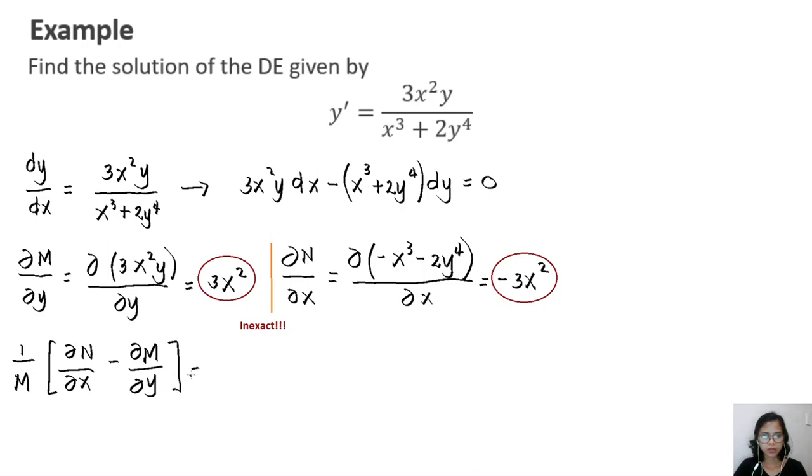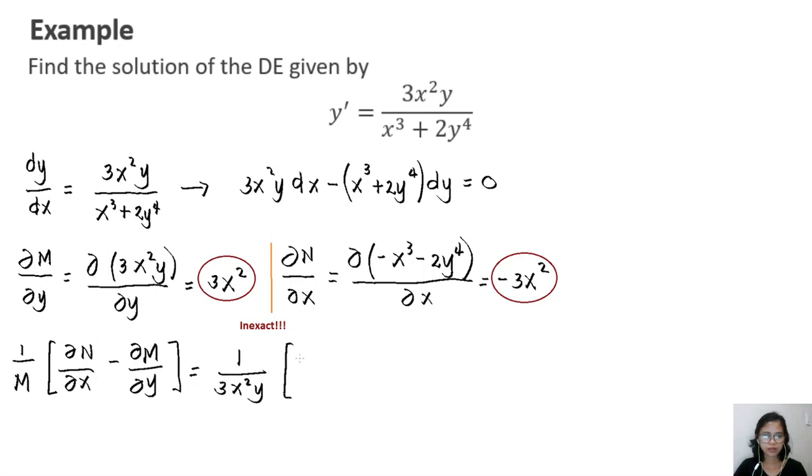Now let's try. What is our N? This is our original N, 1 over 3x squared y, multiplied by, what is that?